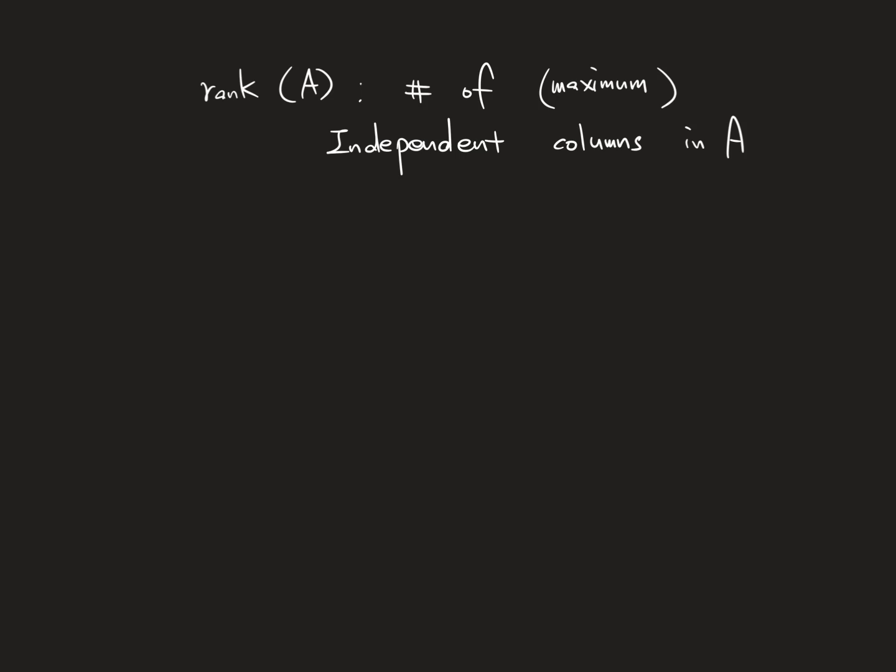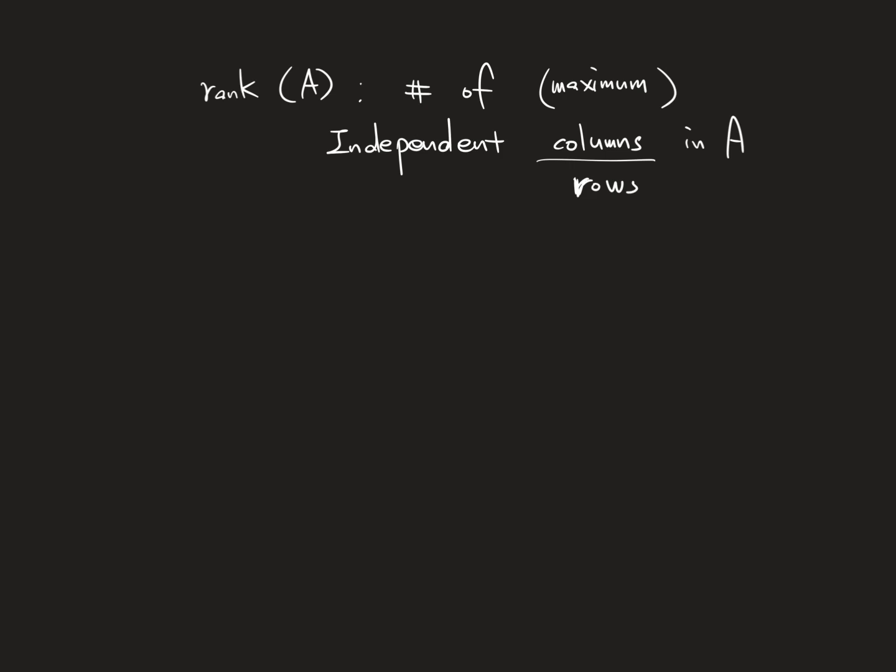That's why some people add the word maximum in the definition. We're not going to prove it right now, but columns could be rows. So if somebody says the rank of A is the number of independent rows, it's also correct.